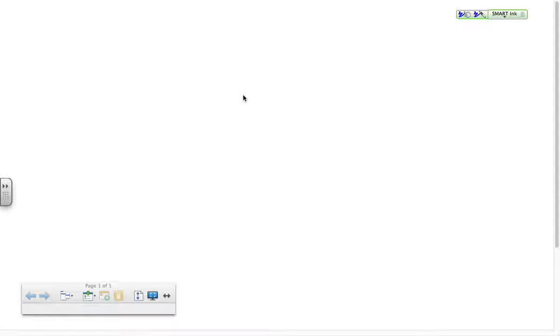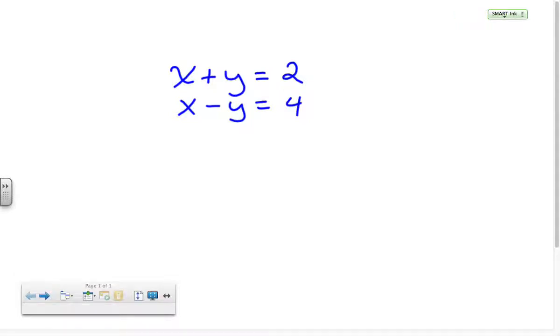So the most practical application we have for using matrices in math is by solving systems of equations. Now you already know how to solve simple two-variable systems of equations. So we have x and y, we solve for x and y, and you get an answer.